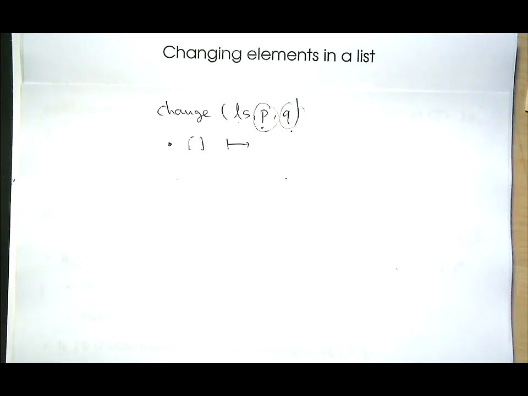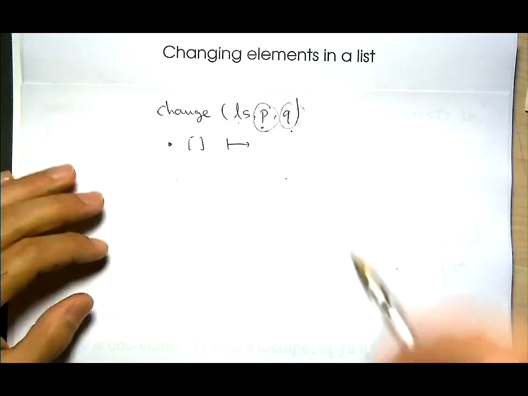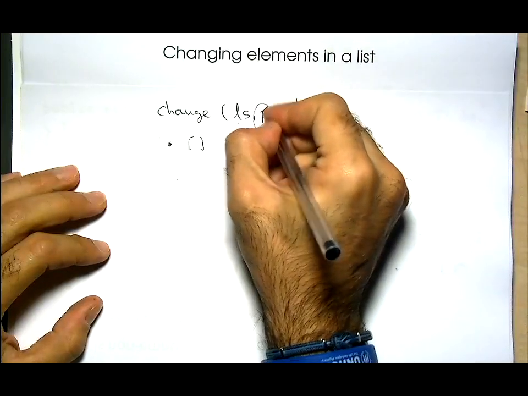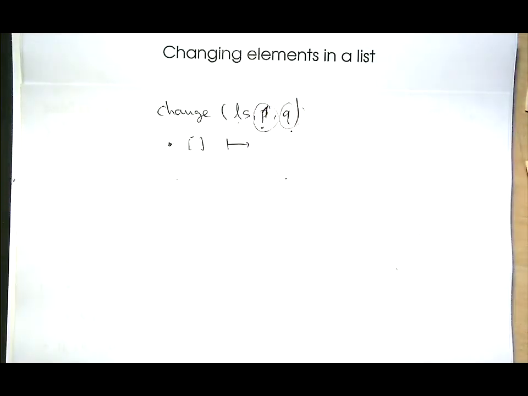So I want to make this change inside my list. Note that this is going to be constructive, it's not going to change the list, it's going to create a new list that is exactly like the old one, but it has changed its p into a q. Actually, let's make this more concrete. Let's say, write again with numbers.